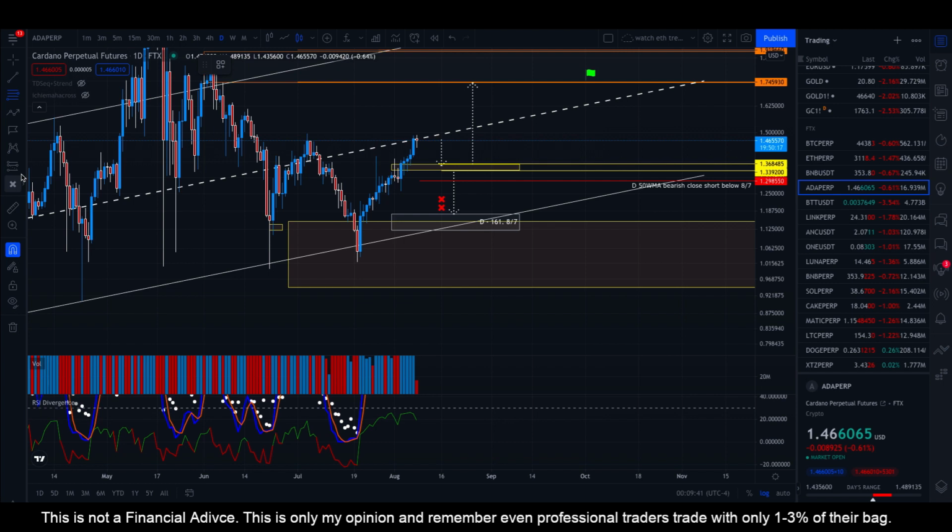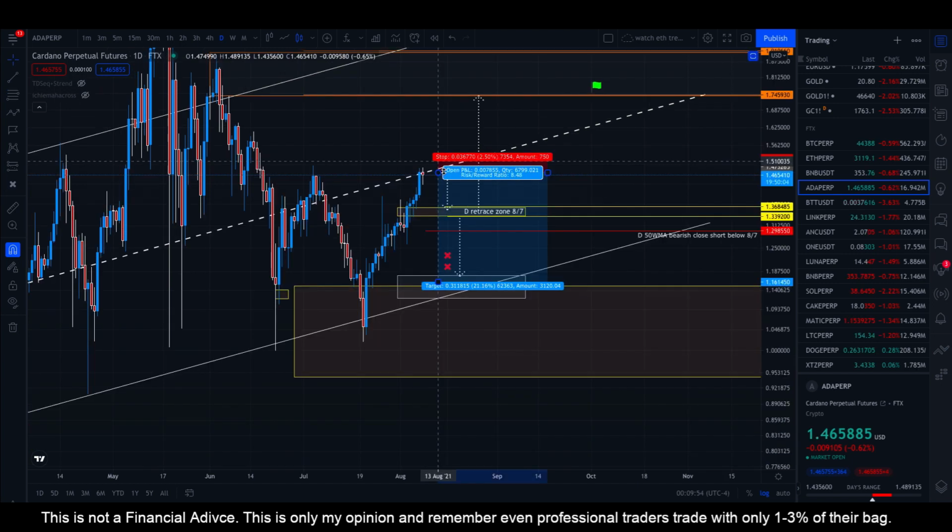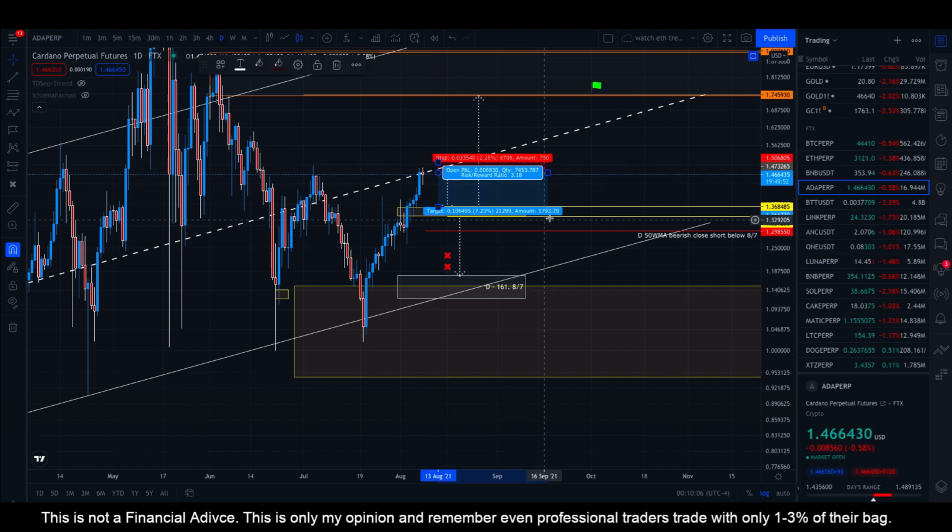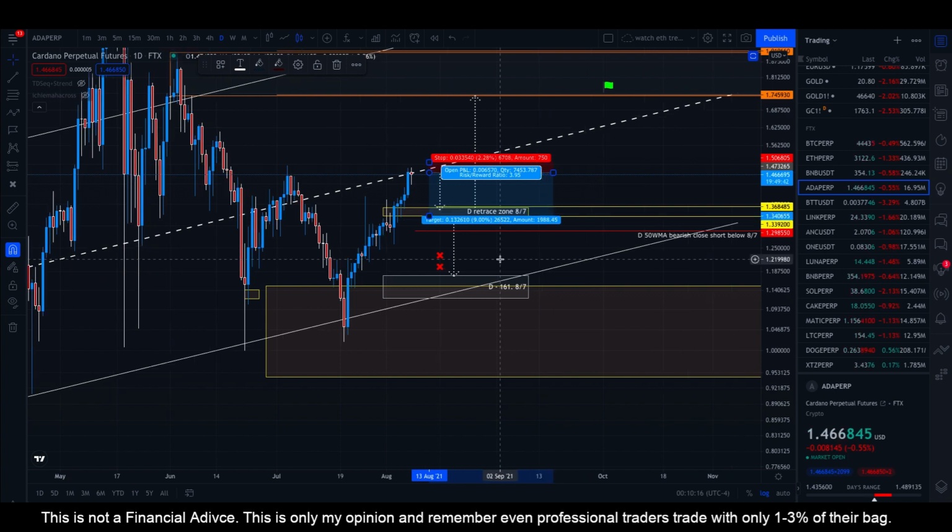Right now we're at 1.46, right? Stop loss above, and my first target is my first retrace level, my 618 level. You can even extend it down to the 21 and 50 EMA that we indicated on the daily earlier, for a 3.9 risk reward ratio and a 9% move.